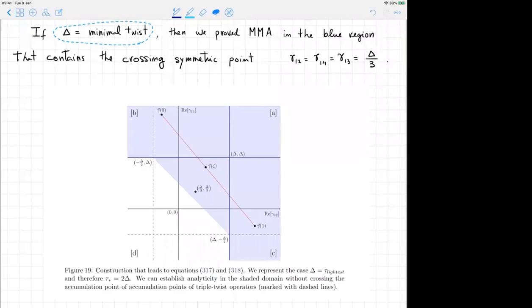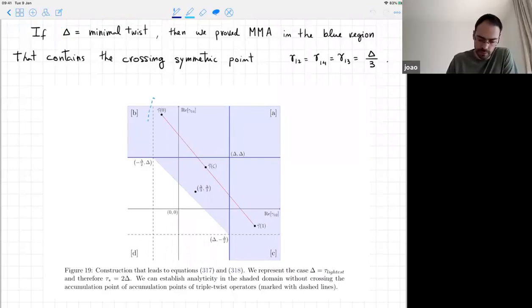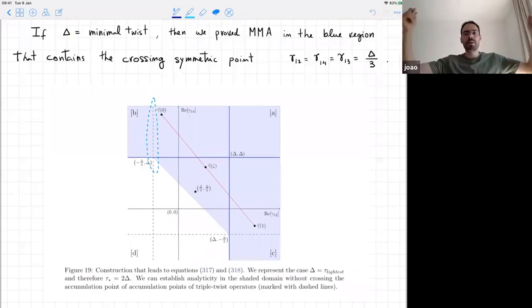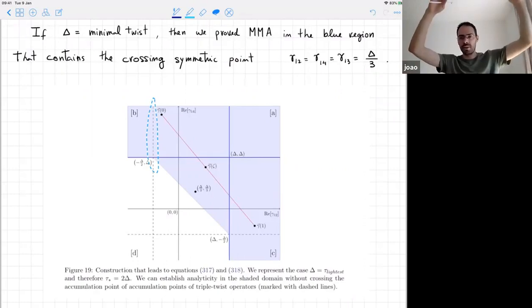I see. Because actually the barrier that we could not cross here is the accumulation points of triple twist operators. So if you have an operator which is much heavier than the lightest operator, you will see accumulation points of the light operator, double and triple and fourth operators of the light operator, much before you get to the heavy scale, right? That we cannot do.